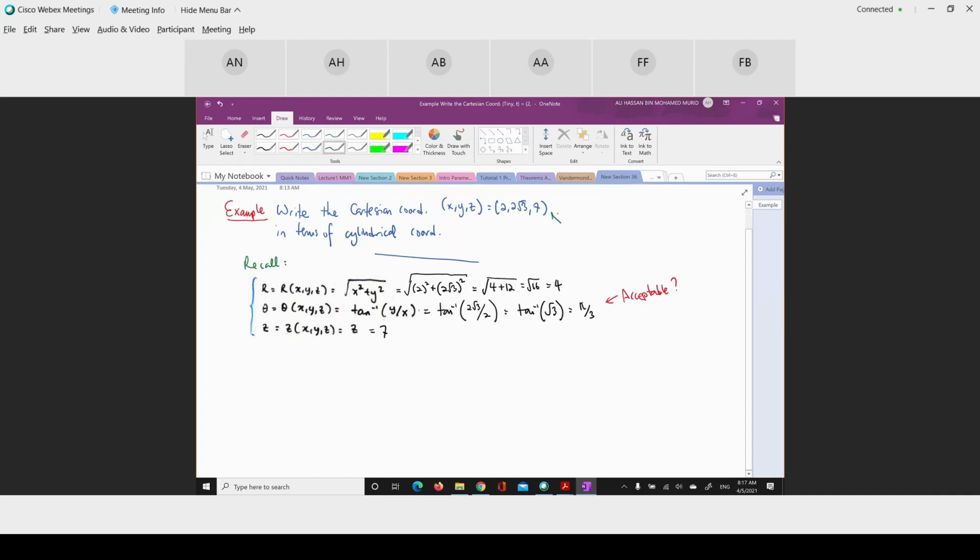The point is in the first octant, and this pair of points is in the first quadrant of the xy plane. So the given point is also in the first quadrant of the xy plane.